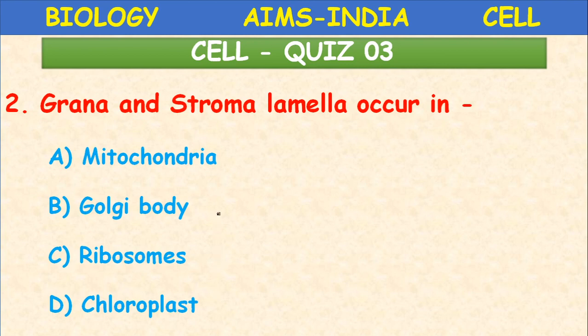Guess, children? Yes, chloroplast. D is the correct answer. Chloroplasts are disc-like, double membranous structures consisting of two regions: the green colorful region called grana and the colorless or pale colored region called stroma.